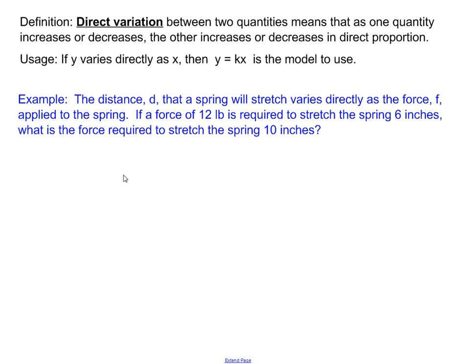So as an example, let's say we're talking about the distance d that a spring will stretch. And we say that distance d varies directly as the force applied to the spring, right? So we've got a situation in which we have a spring. All right, so here's your spring, a spring attached to a weight.